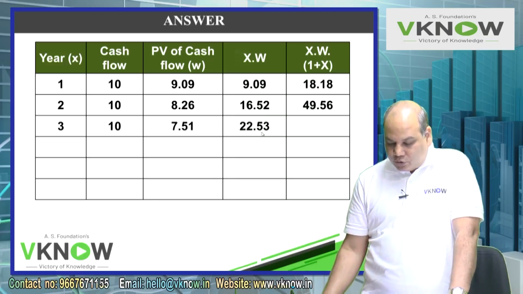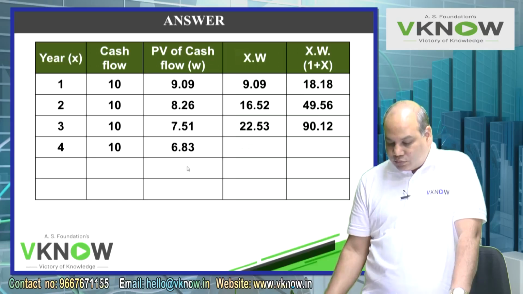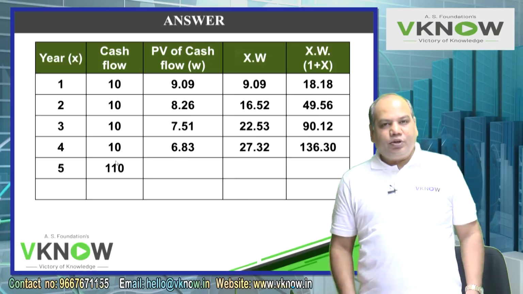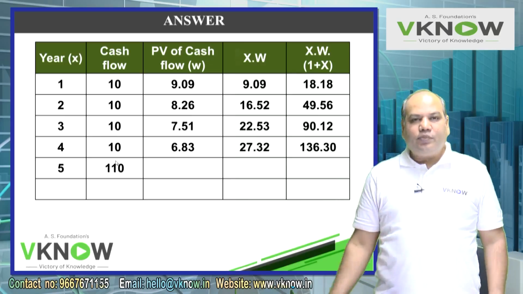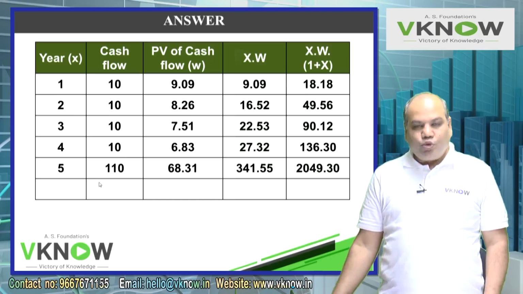Into 3, 22.54, into 4, since 3 plus 1 is 4, this number into 4 gives 90.12. Year 4, 10 divided by 1.10 four times equals 6.83, into 4 is 27.32, into 5 is 136.30. Year 5, now this time you will write 110, a 10 rupee coupon plus 100 rupees redemption. 110 divided by 1.10 five times equals 68.31, into 5 is 341.55, into 6 is 2049.30.